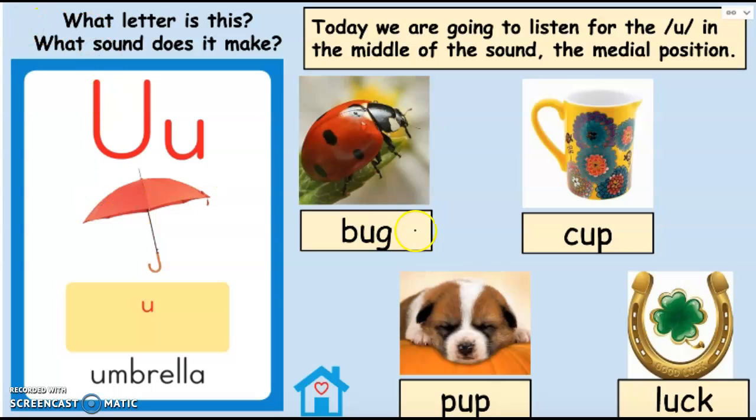Pup. You can use your picture to help you out. And the last word I want you to sound out. Luck. If you see, there are 4 letters, but remember that CK blend we talked about a few weeks ago. CK at the end of a word just makes one sound, and that's our k sound.